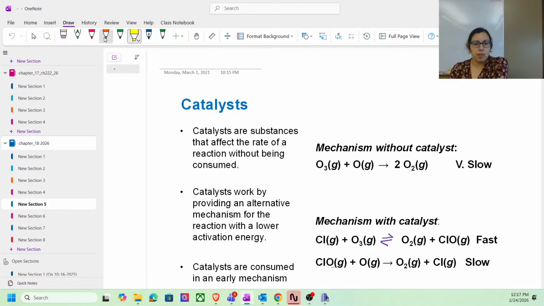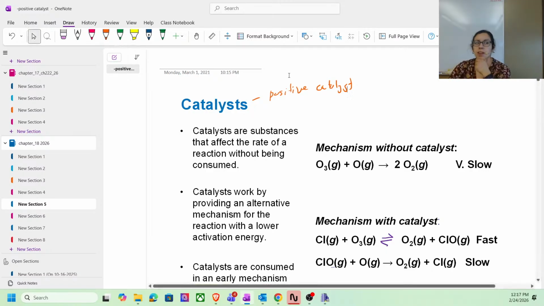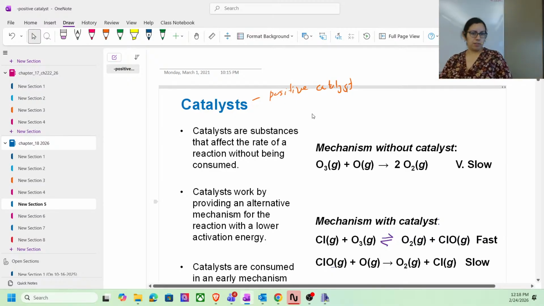And so the thing about catalysts is usually it makes the reaction go faster. So we usually call this a positive catalyst. And then especially my biologists in here, what would be a negative catalyst? What's the other term for that maybe you hear more in biology? Yeah, inhibitor.